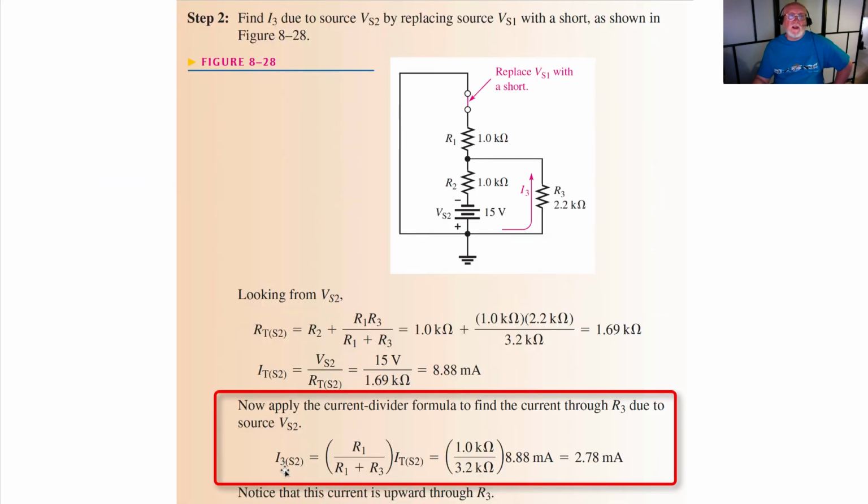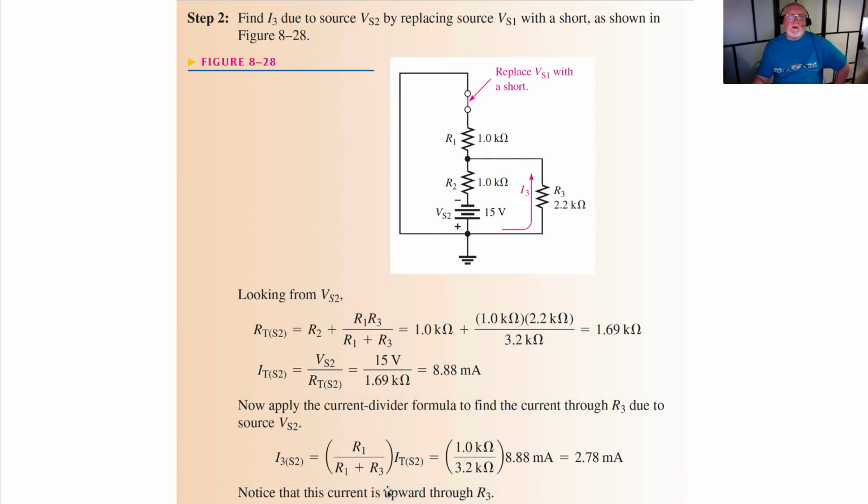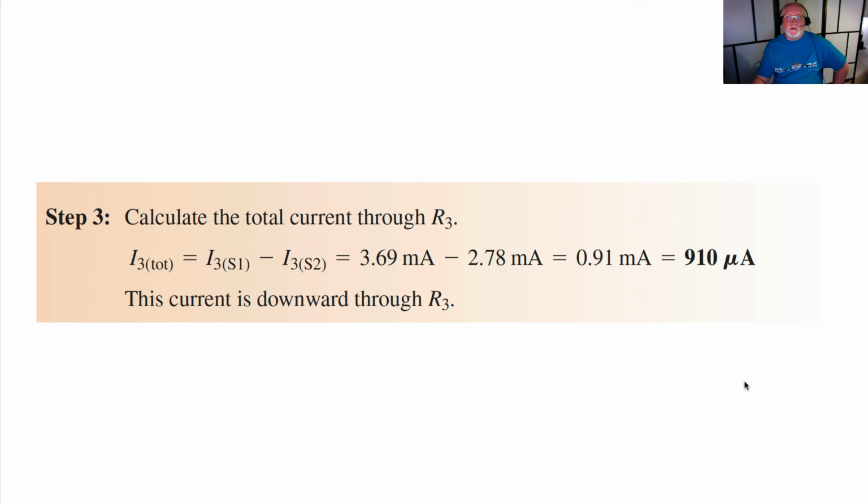So I3 source 2 is equal to R1 divided by the sum of R1 and R3 times the total current due to source 2. 1 k ohm divided by 3.2 k ohms times 8.8 milliamps gives us 2.78 milliamps. Notice that this current is in the upward direction, because again our sources were opposing.